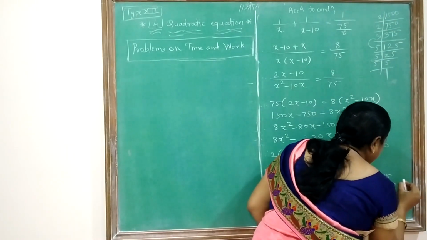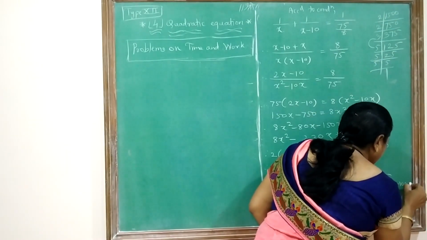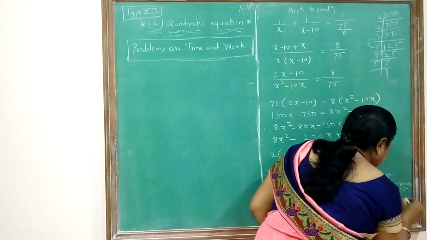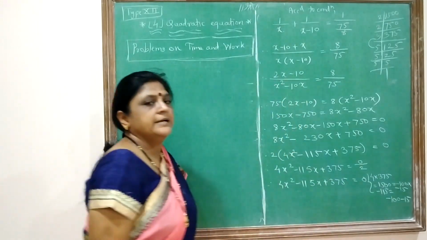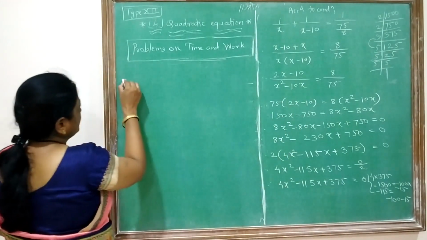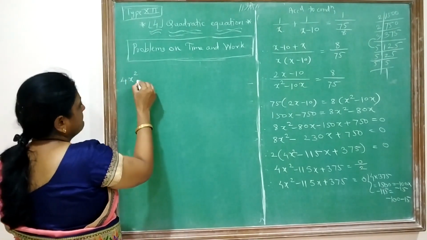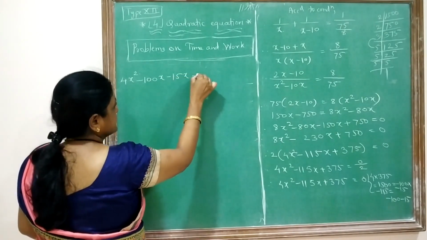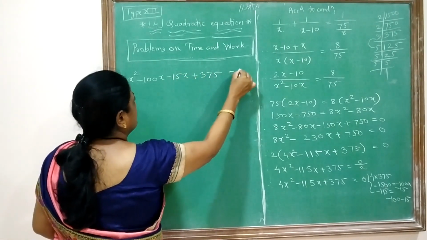Then you will write minus 100 multiplied by minus 15, and minus 100 minus 15 is minus 115. Then you will write 4x square minus 100x minus 15x plus 375 equal to 0.